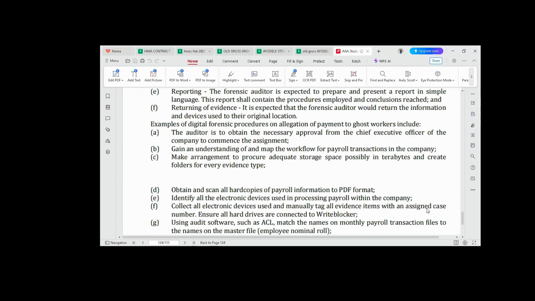So what that means is that nobody should be able to overwrite what is stored on the external hard drive. This is like a software that you use to protect against overwriting the information you have on the hard drive. Once you overwrite it, and once you modify it, that means it becomes untenable, cannot be used as evidence any longer.